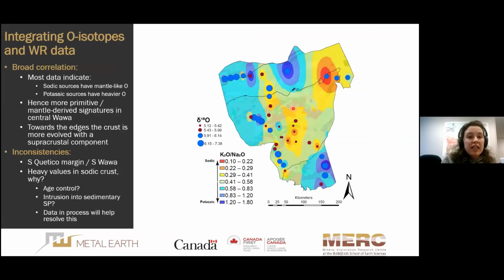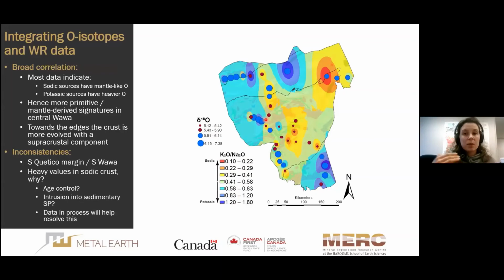And we have integrated the oxygen isotopes and the whole rock data. And in this plot, you can see the sodium-potassium ratio, again, with the colors. But then we also have the delta 18 oxygen values here plotted as circles, where the heavier values increase in size and also have a blue color, whereas the mantle values of delta 18 oxygen are shown with a red color and are smaller in size.